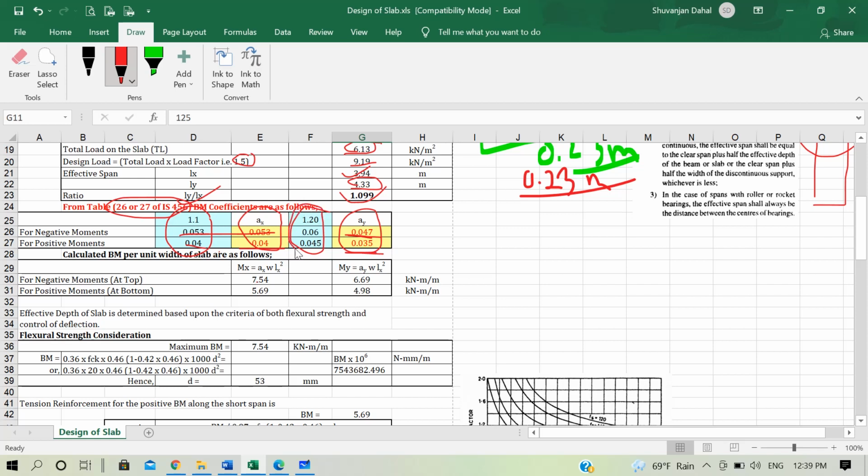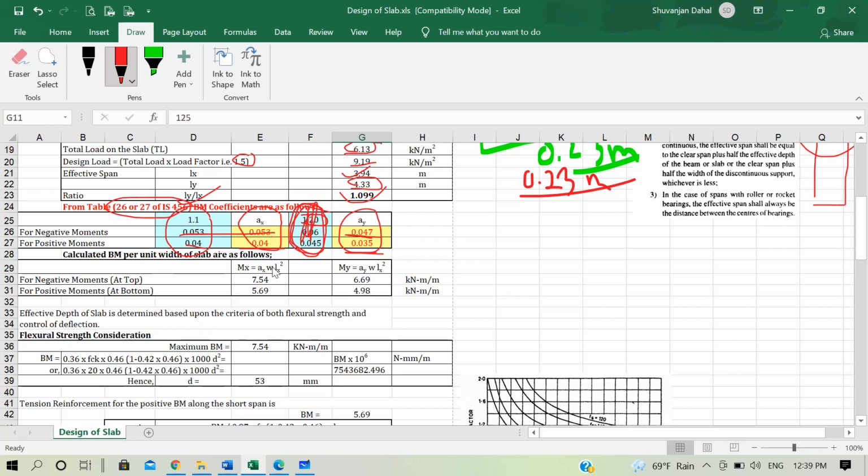We do not need to use these values of coefficients for Ly by Lx equals to 1.2. So let's just forget this. Our alpha x value will be 0.053 for negative moments at the top, and 0.04 for positive moments at the bottom. Similarly, our alpha y values will be the same 0.047 and 0.035.